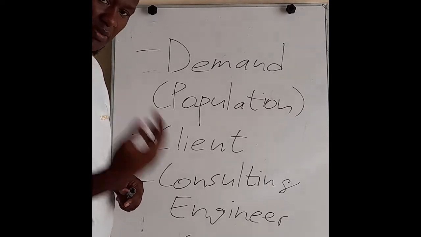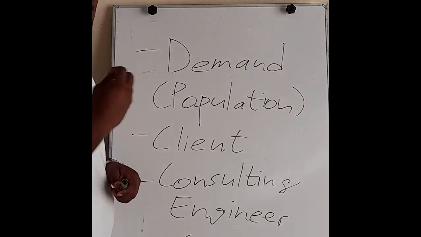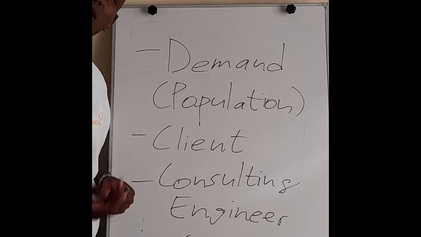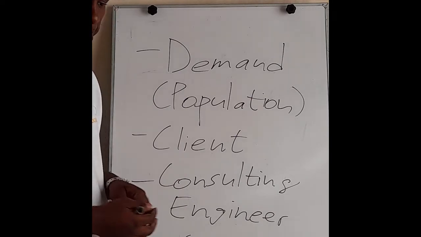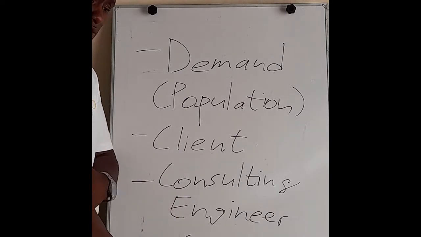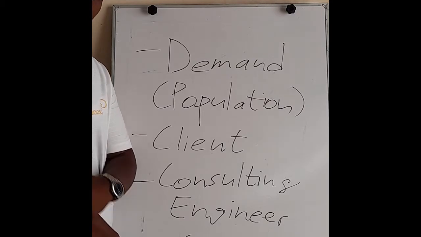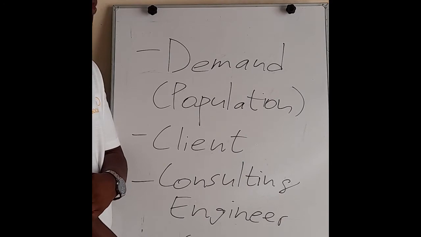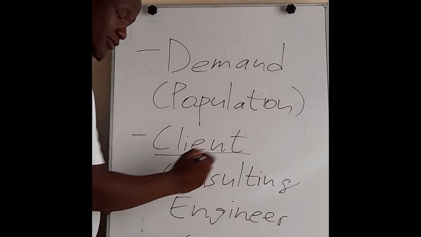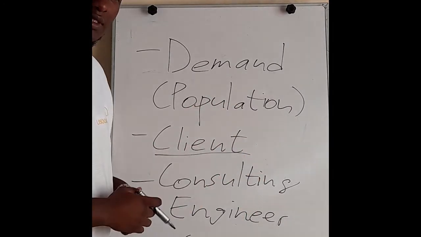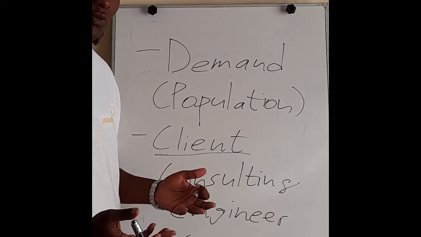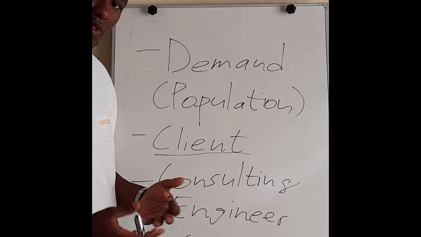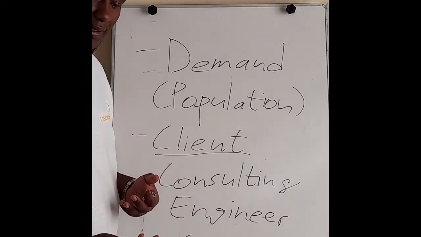People, there's normally a demand that a certain community doesn't have water supply. So what do they then do? They go to the municipality, in most cases, which will be our client. The municipality normally is the one that will be paying for the project to go through so that people get water at the end of the day.